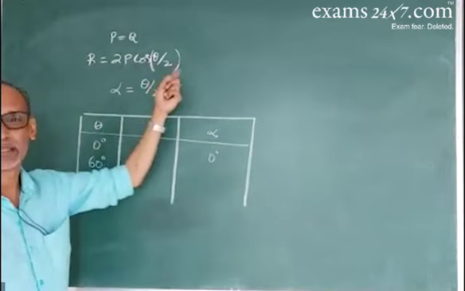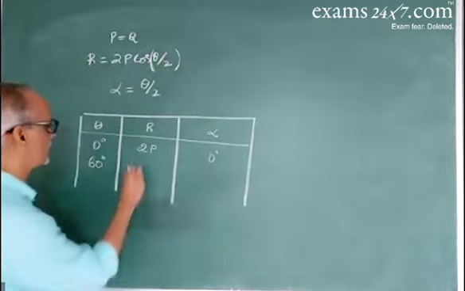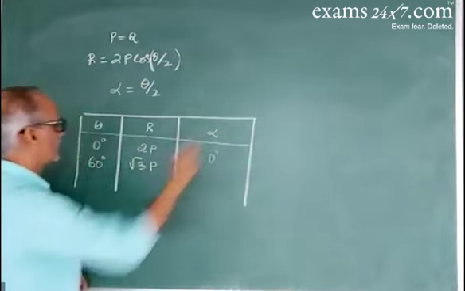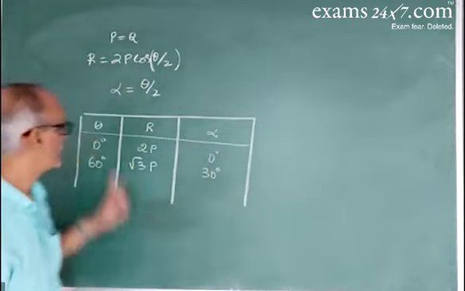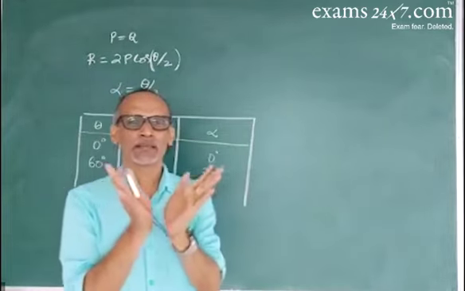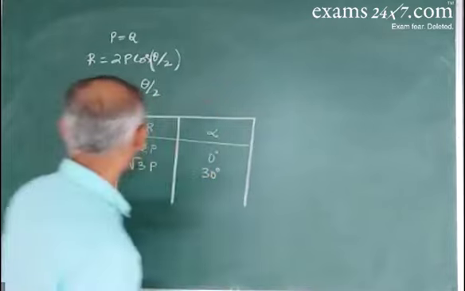Cos 30 is sine 60, which is root 3 by 2. This 2 will cancel, and thereby you will get root 3 p, and alpha will be half of this 60, which is 30 degrees. So the resultant always bisects the two vectors. If the two vectors act in a particular direction, the resultant will be exactly midway between the two.